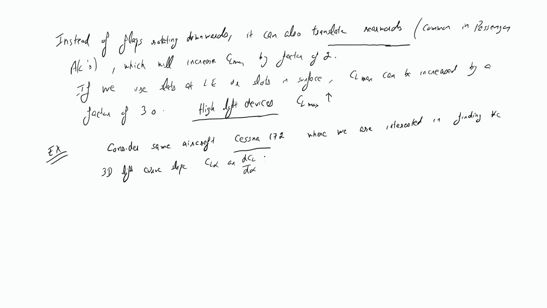Now, given again the same parameters, that is wingspan b equals 11 meters, wing area capital S equals 16.2 meters square, chord length c equals 1.5 meters.